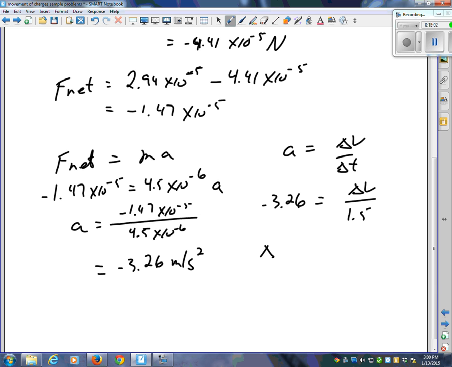You multiply both sides by 1.5 to get that number there. And I get minus 4.89. I'll do the 4.9. Whatever. I don't care about the numbers. I care about showing the steps in the work.